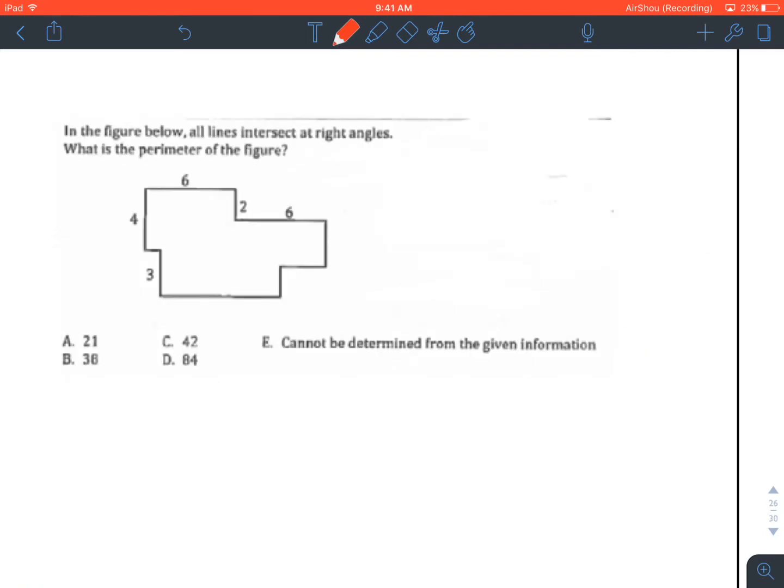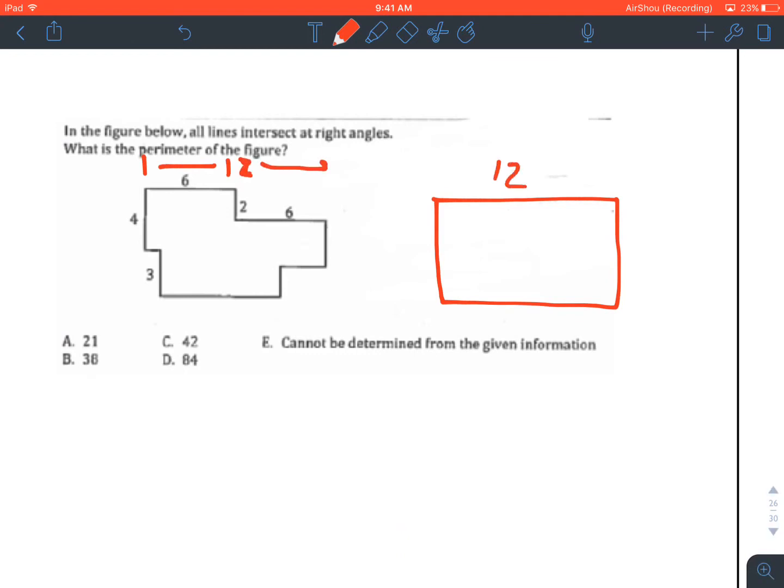Done. If you're trying to find the perimeter of a composite shape like the one that you see here, it is as simple as finding the perimeter of a rectangle. Now let me explain. If you take the top length, the total length, which is 6 and 6, that represents the total length of the top of this rectangle. So if the top is 12, the bottom is also 12.